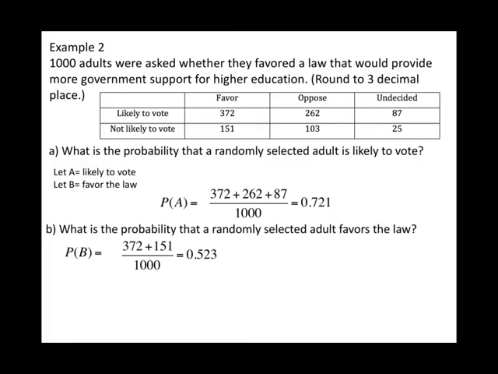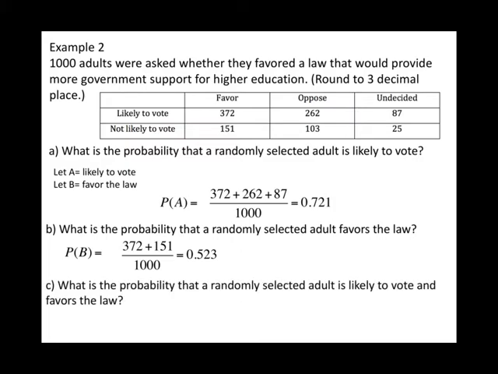Okay, C. What is the probability that a randomly selected adult is likely to vote and favor the law? You can see there's an "and" here: likely to vote and favor the law at the same time.